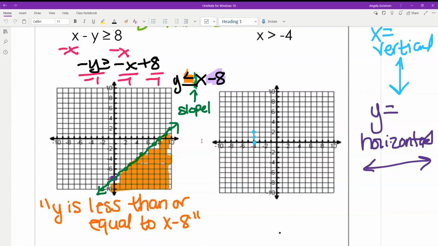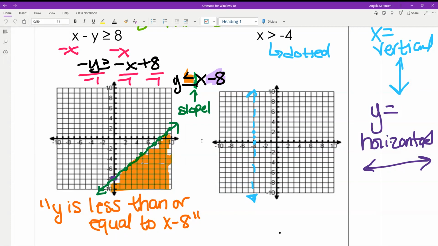Okay. Is this one going to be solid or dotted? Dotted, right? Dotted or dashed, because there's no equal to underneath it. So we have this. And if you were just to take a guess here, I've got x is greater than -4.